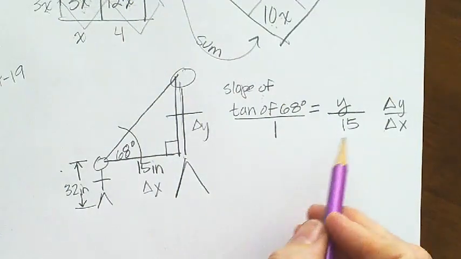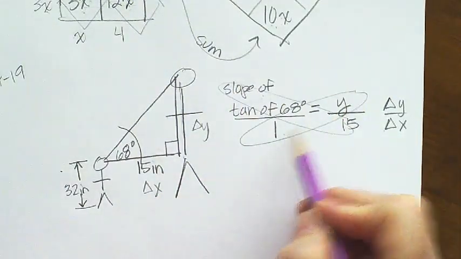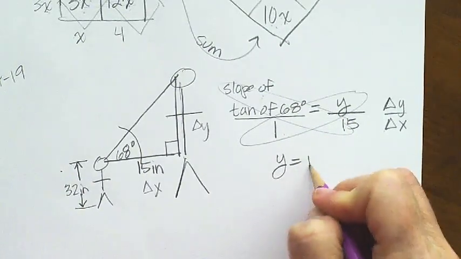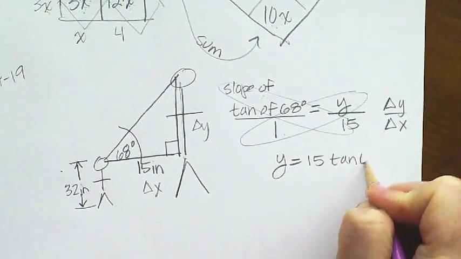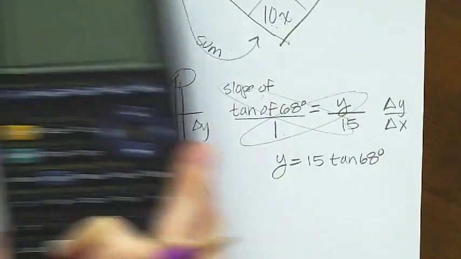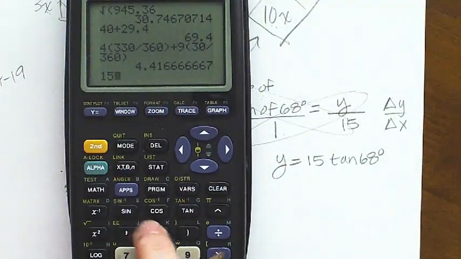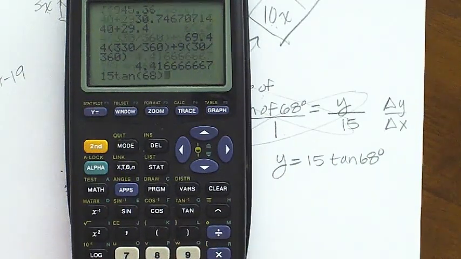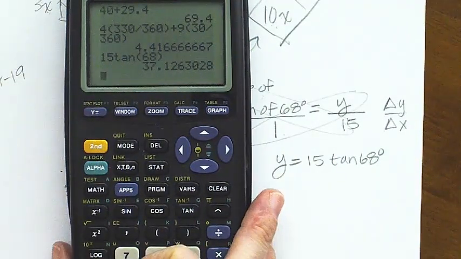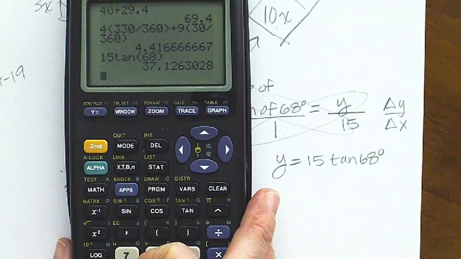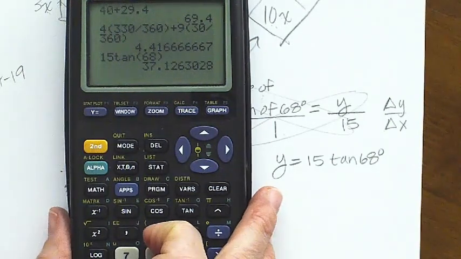And all we have to do is cross multiply here. So 1 times y is y. 15 times tangent 68 degrees is 37.12.